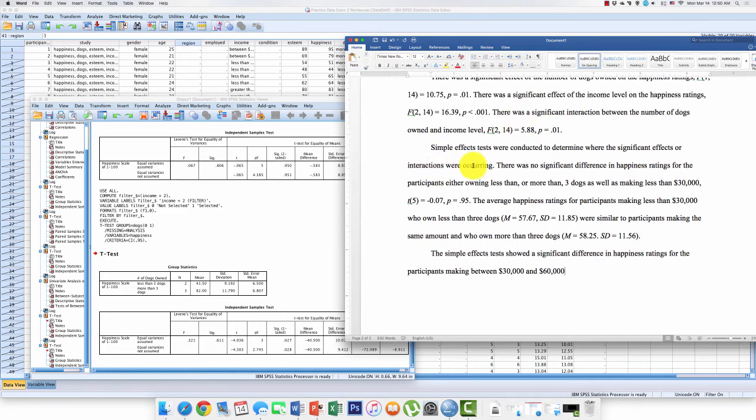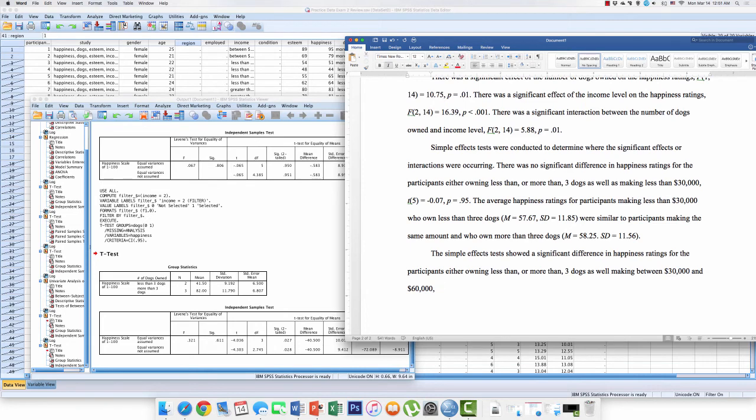And again, I made the similar mess up as before. Participants either owning less than or more than 3 dogs, as well as making between. Okay, long sentence.